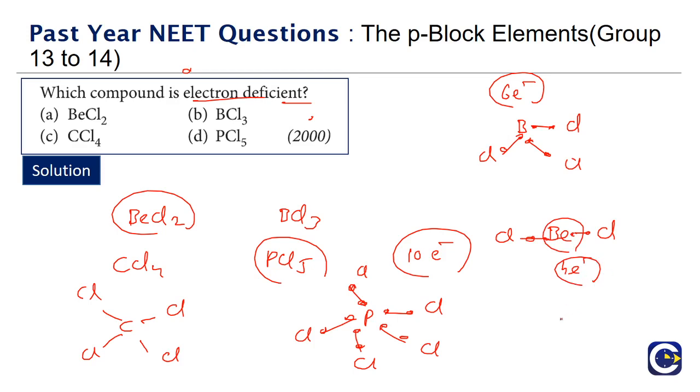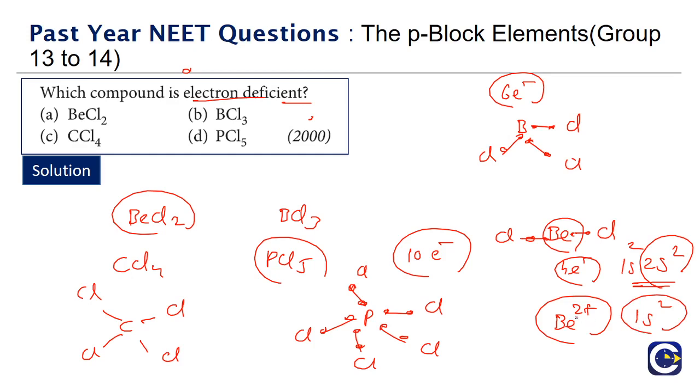If we consider BeCl2 as an ionic molecule where beryllium forms Be2+, then we will not talk about electron deficiency, because it is ionic in nature. Be2+ means it is losing electrons. The normal beryllium structure is 1s2, 2s2. If it loses the 2 electrons of the 2s subshell, the Be2+ structure will be 1s2.